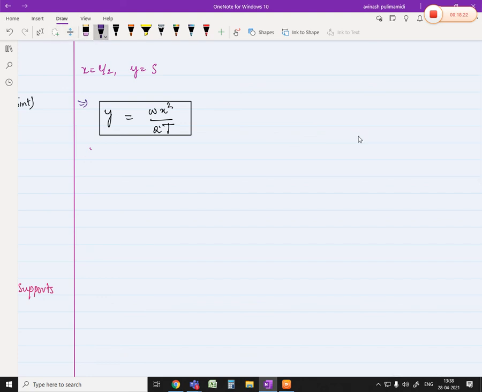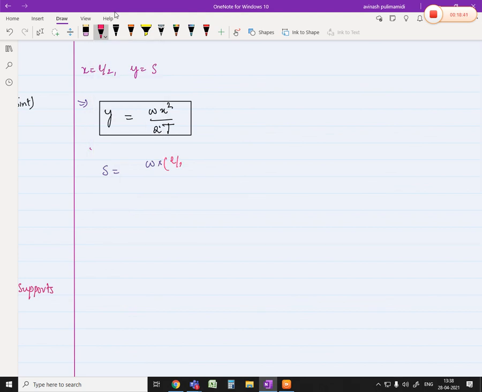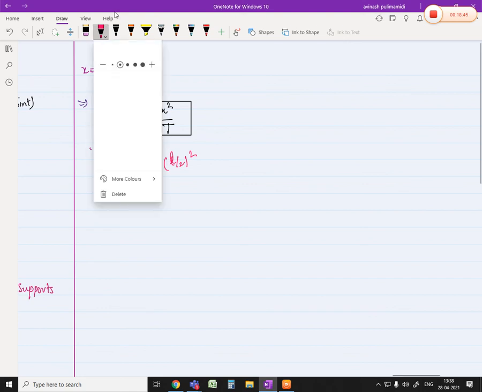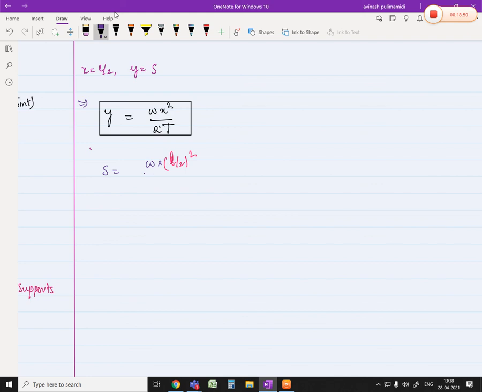The value of y will be equal to S. So S is equal to W into, what is the value of x? X will be L by 2. So L by 2 whole square, divided by 2 into tension.